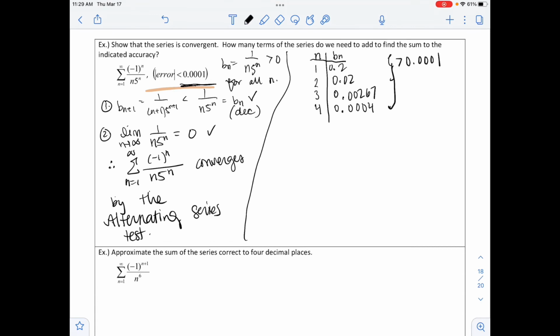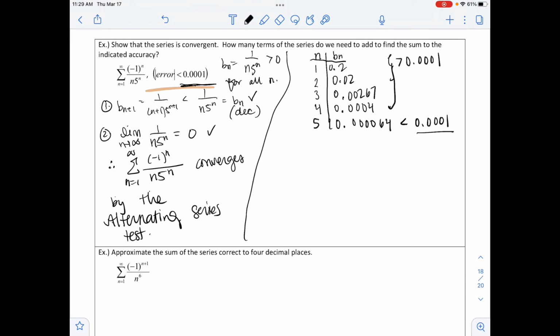So let's look at the fifth term. In the fifth term, if I have 1 over 5 times 5 to the fifth power, I get 0.000064, and this is less than 0.0001, which is that error.